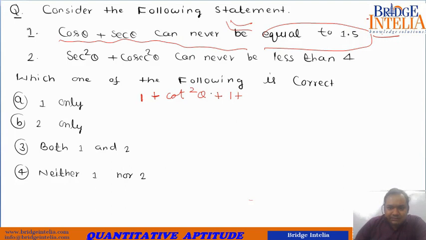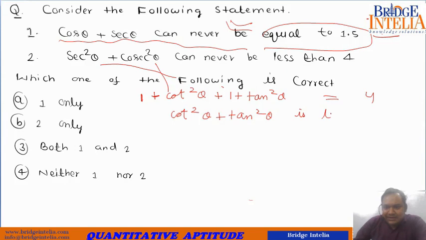Similarly, sec square theta can be broken as 1 plus tan square theta. So now it is being told to us that 1 plus cot square theta plus 1 plus tan square theta can never be less than 4. Or in other words, if you are comparing this with 4, you can simply compare whether cot square theta plus tan square theta is less than 2 or not, because 1 plus 1, 2, can cancel out.